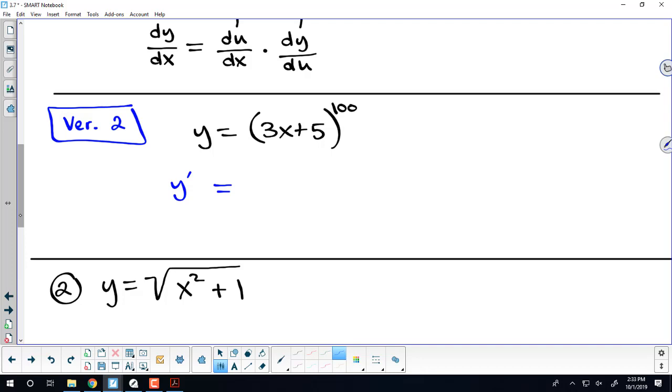So the derivative of the outside function is just this to the 100th power, so we're going to apply the power rule to that. There's the derivative of the outside, but we have to leave the inside alone. And then we multiply that by the derivative of the inner function.